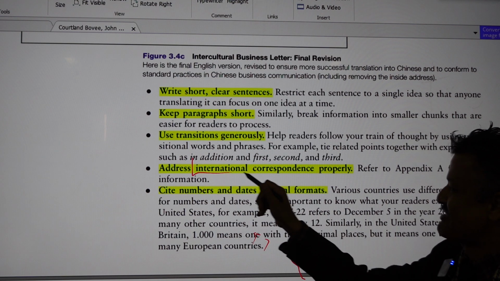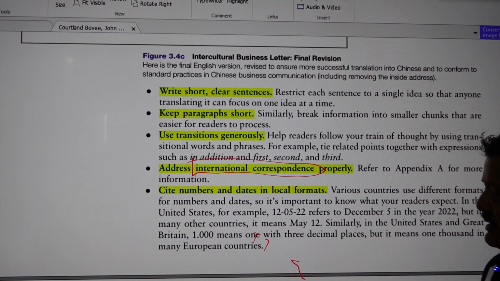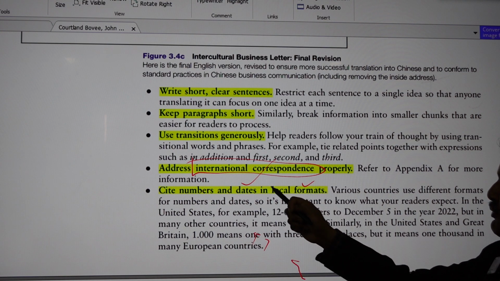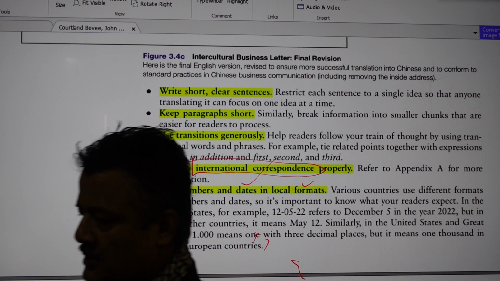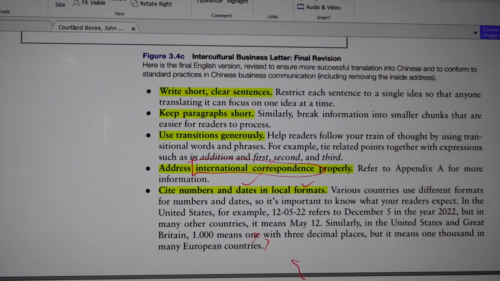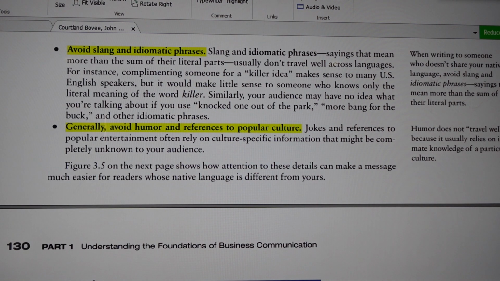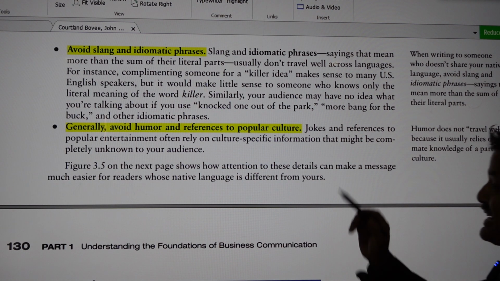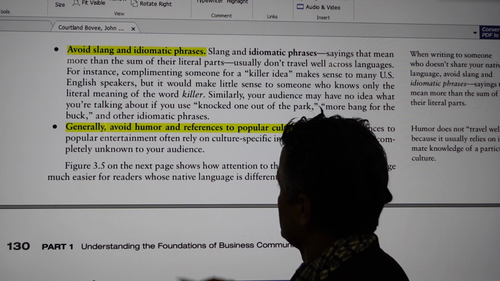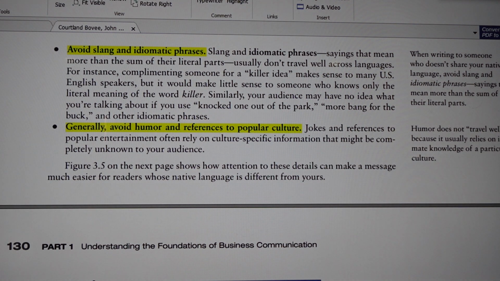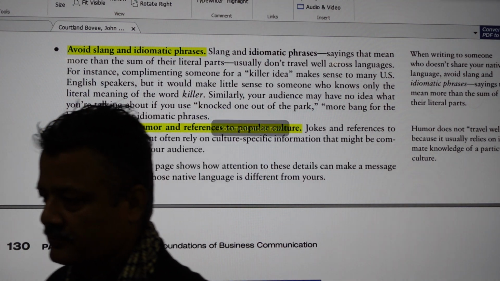Use international correspondence properly. Write dates and look in local format. Right? In recipient's format. Avoid slangs. Don't use too many idioms. Use simple language. Avoid humor in formal writing. Avoid pop culture in writing.